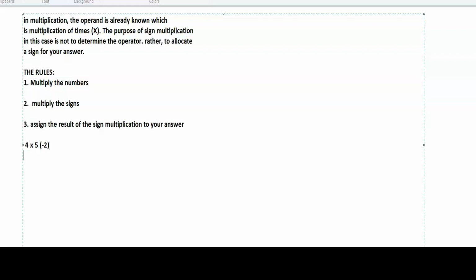We're going to follow the rules like before. We say multiply the numbers. There are 3 numbers here. Doesn't matter. Just multiply them all together. 4 times 5 is 20. Then 20 times 2 gives you 40.